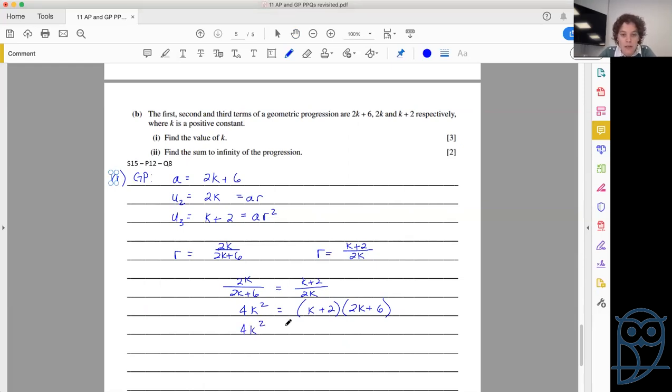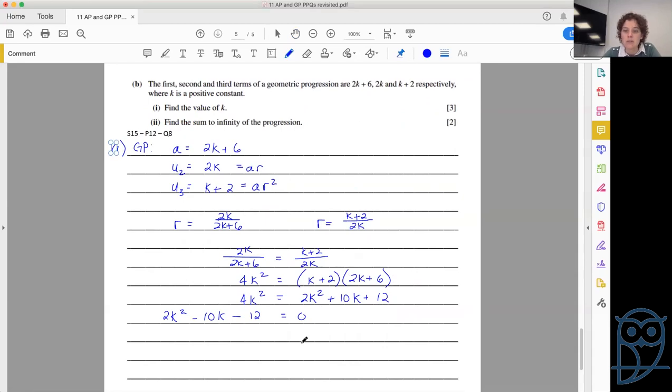Remembering to insert brackets to preserve terms and get our right number of terms when we multiply. So 4k squared equals 2k squared plus 4k plus 6k gives us plus 10k. 2 times 6 is plus 12. Right. Everybody onto one side with a positive k squared to make life easier. That brings them all over here to 2k squared minus 10k minus 12 equals 0. We certainly don't want to make life uglier than it is. These are all even.